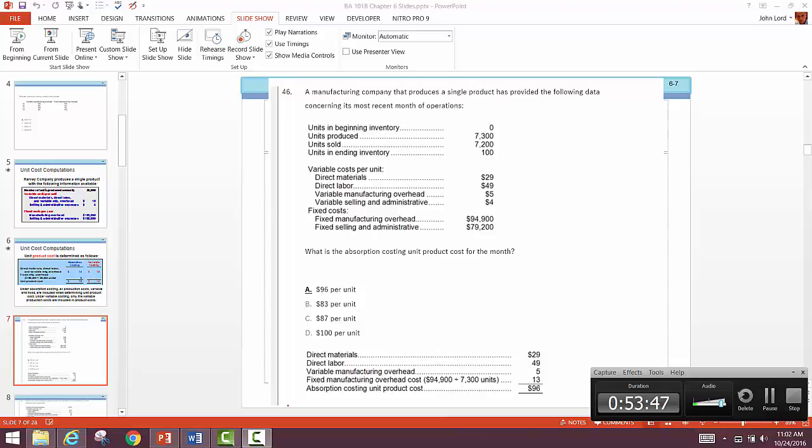But then I have to take the variable portion of my selling and admin. Variable portion of selling and admin is, what is it, $4, times how many units? 7,200 units sold.